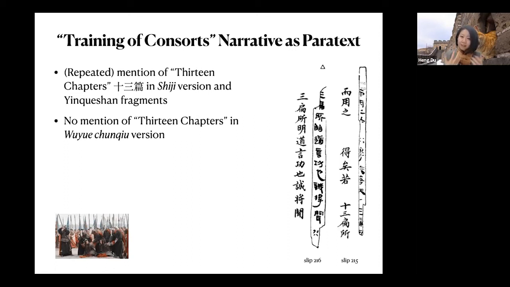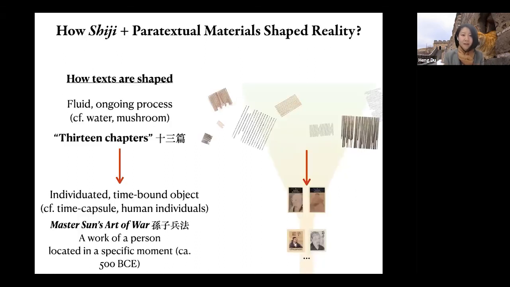So I would like to suggest that the fact that the 史记 and Yinqueshan versions share this concern with the 13 chapters reveals their bibliographical and paratextual concern. They're interested in describing and prescribing how we should think about these 13 chapters.